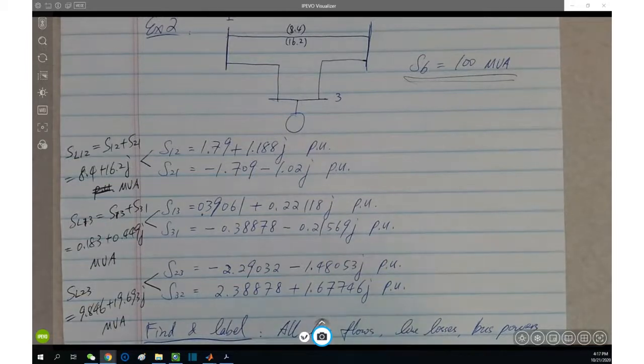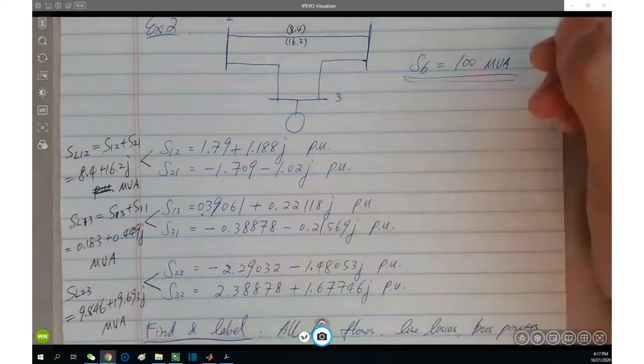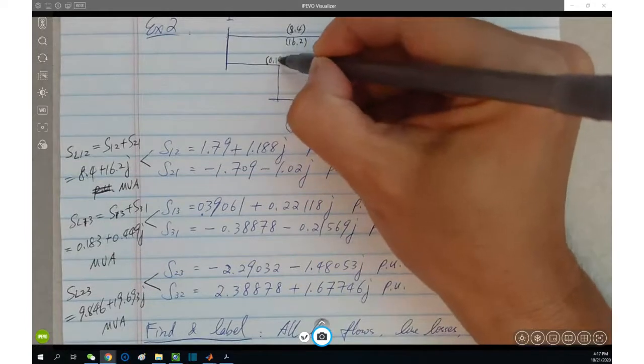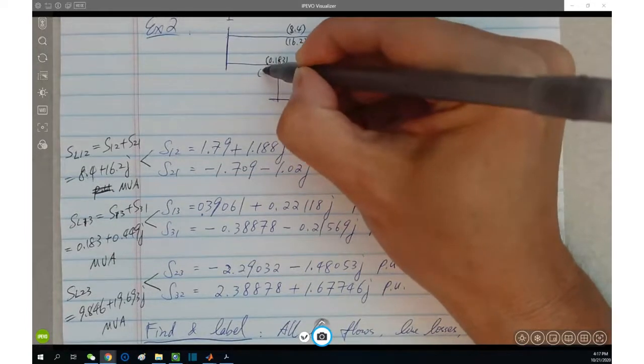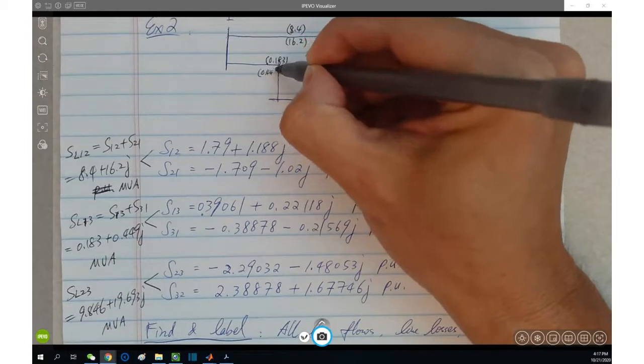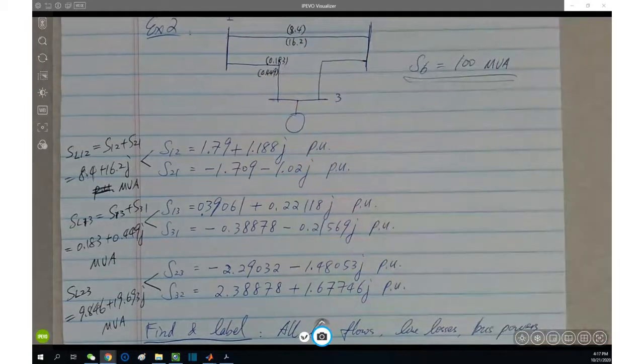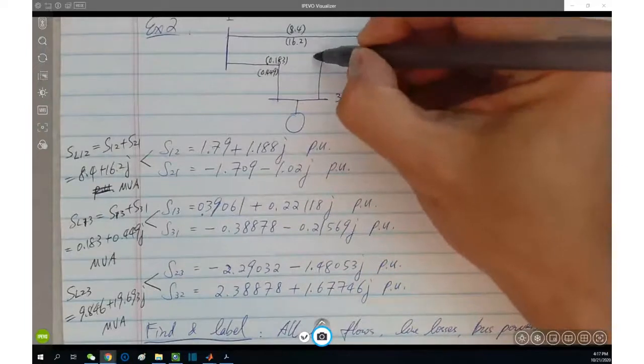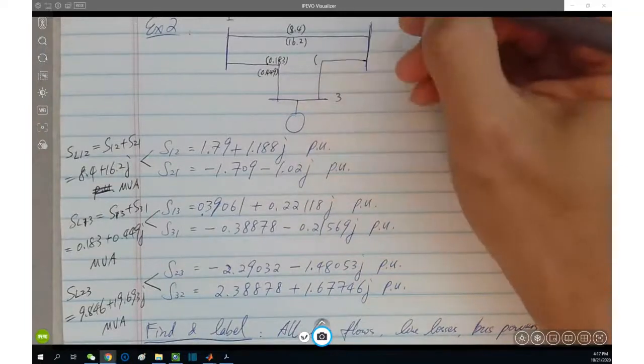The second, between bus 1 and 3, you have this loss. Once again, in this way you are setting up the location for the active and reactive power. This is 2, 3.